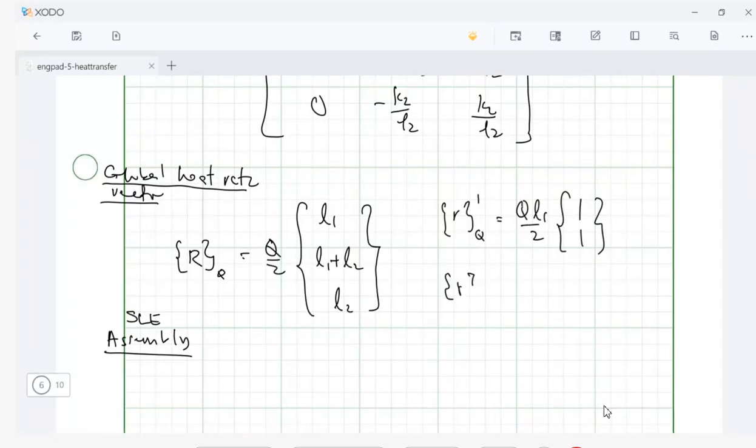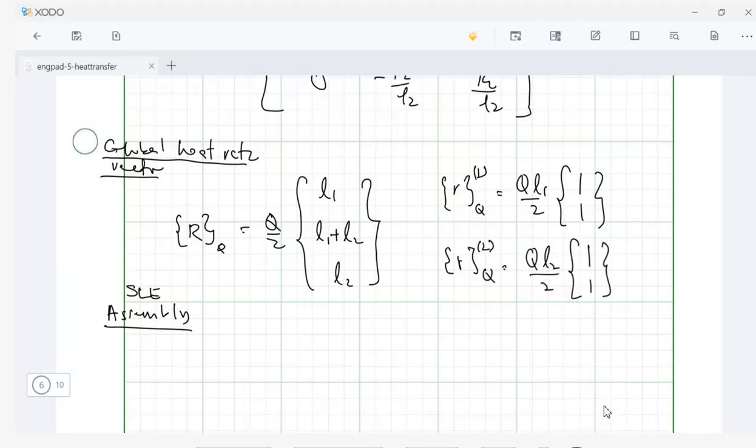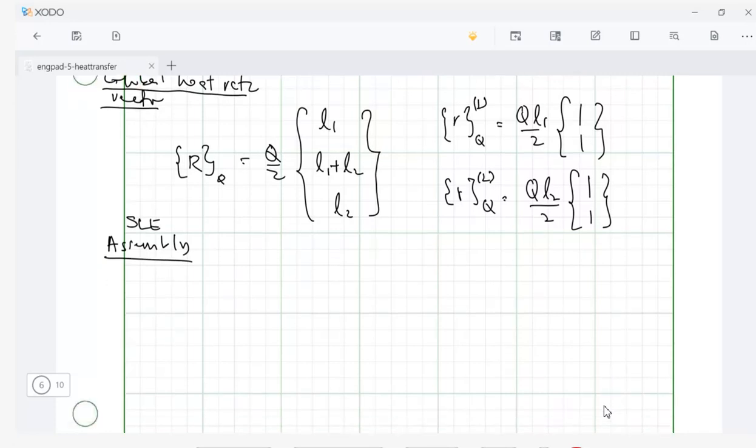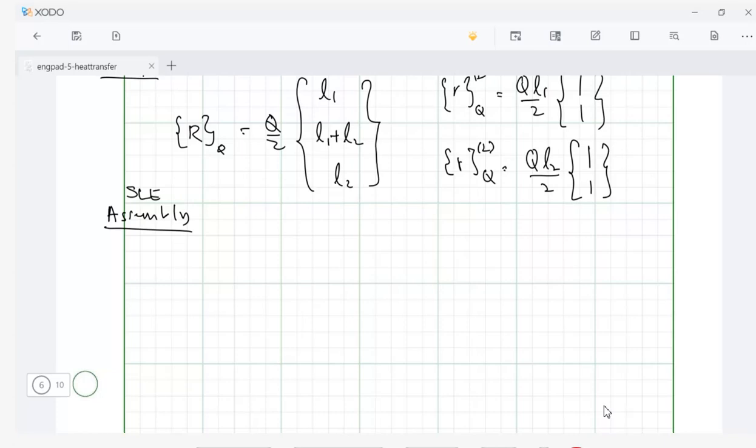This is element 1. This is element 2, QL2/2, 1 and 1. So the assembly is just this. Sorry, the global is this.